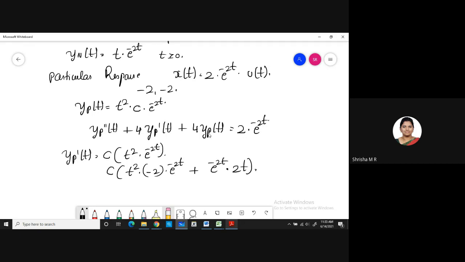So yp dash of t would be equal to minus 2c t square into e power minus 2t plus 2c into t into e power minus 2t. Got it? Clear?